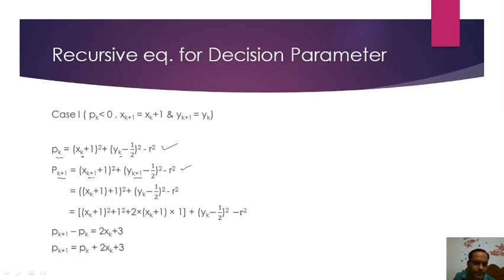So in this equation, if we are dealing with case 1, in which pk is less than 0, xk+1 is xk + 1 and yk+1 is unchanged, meaning it is equal to yk. So when we simplify this equation using (a + b)² and replacing xk+1 by xk + 1, we get (xk + 1 + 1)² + (yk − 1/2)² − r², because yk+1 is equal to yk.